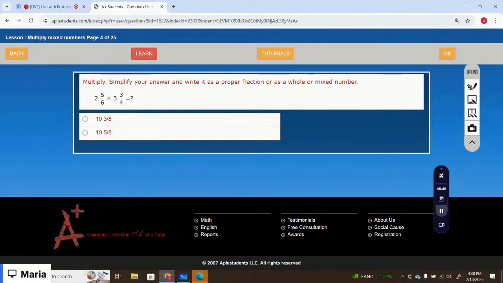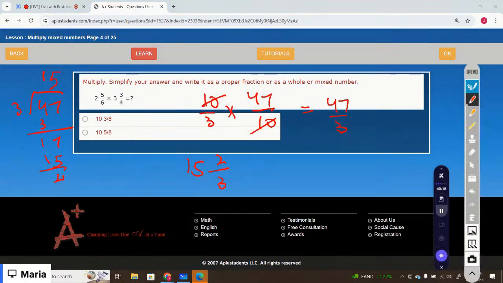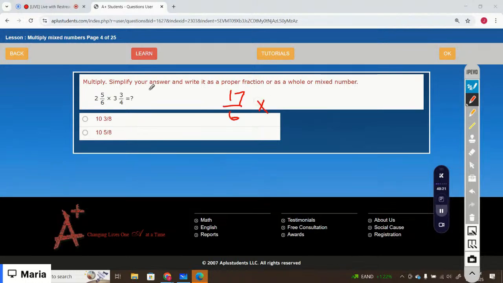Two whole 5 by 6 times 3 whole 3 by 4. 6 times 2 is 12 and 5, 17 over 6. 4 times 3 is 12, 13, 14, 15 over 4. 3 times 5 is 15, 3 times 2 is 6.